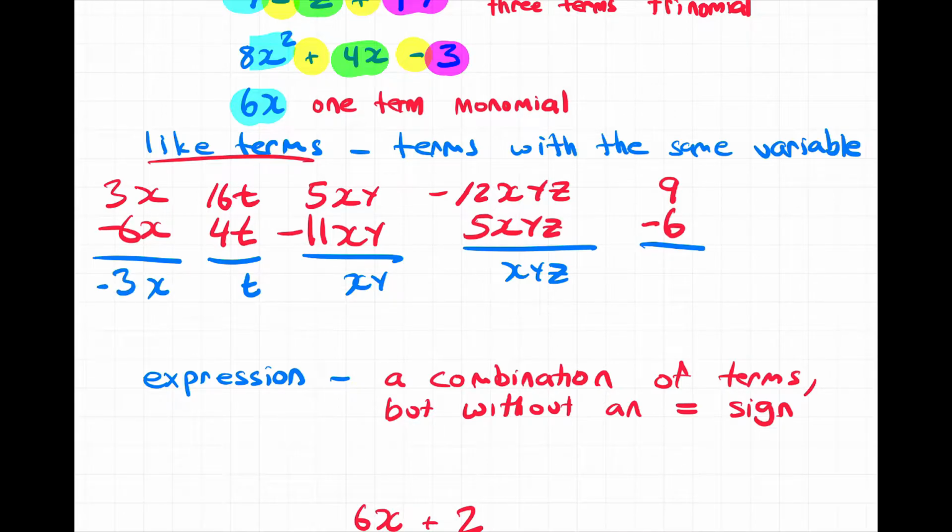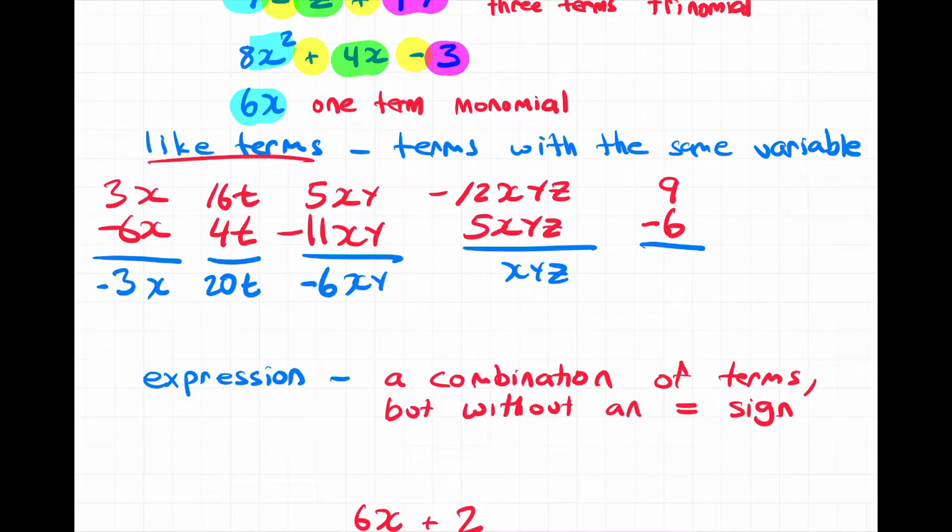So in total, I've got those 2 terms, but when I combine them together, I just add them together, and I have -3 x's. I got 16 t's and 4 t's, so altogether I have 20 t's. I've got 5 xy's and negative 11 xy's. So altogether I have negative 6 xy's.